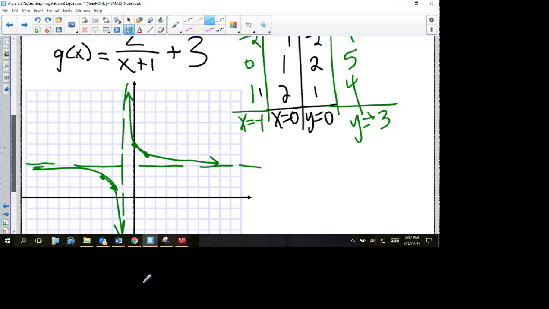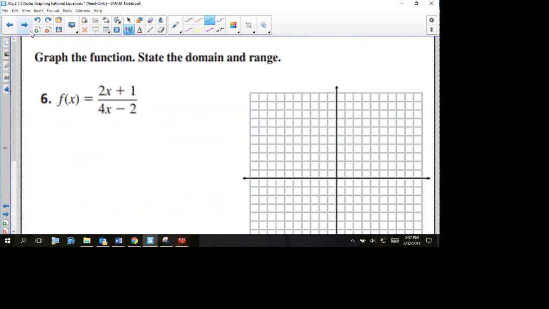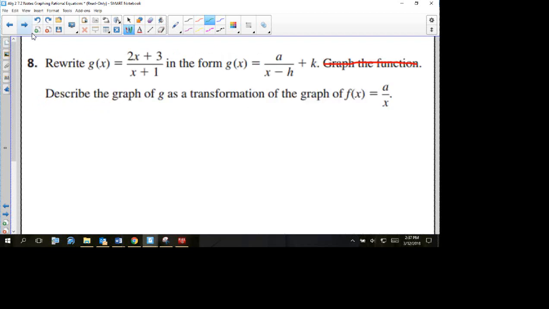Use long division to change the form. So you're going to take x and a 2x. How many times?